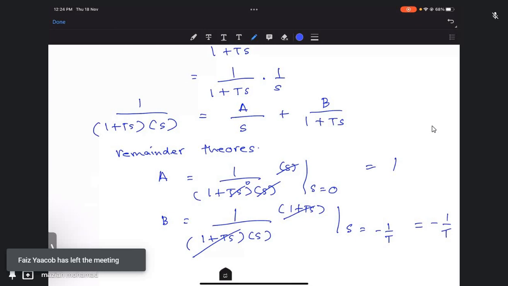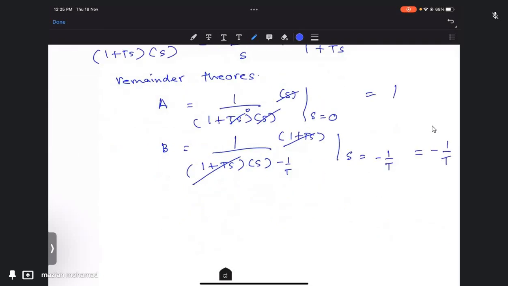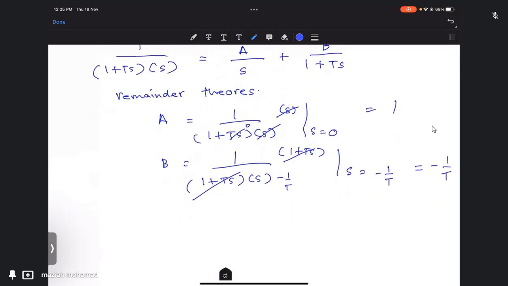Is it negative T? Negative T. So Y(s) is equal to 1/s minus T over 1 plus Ts.